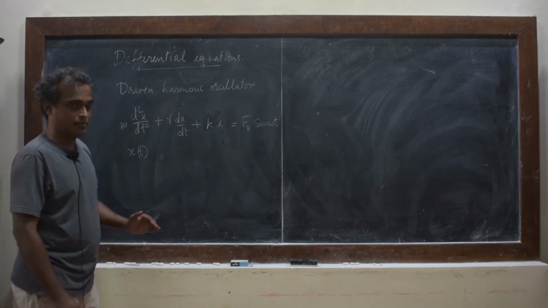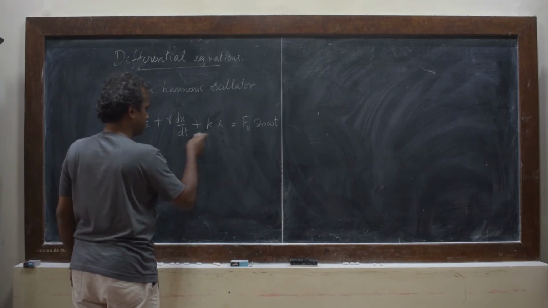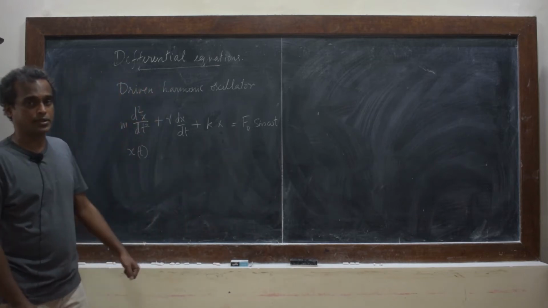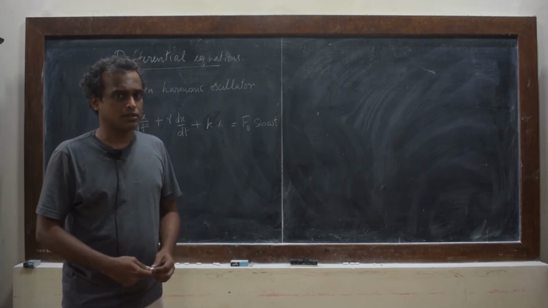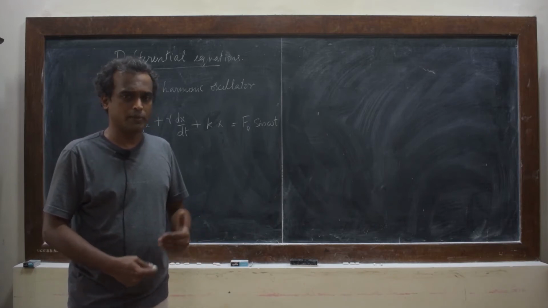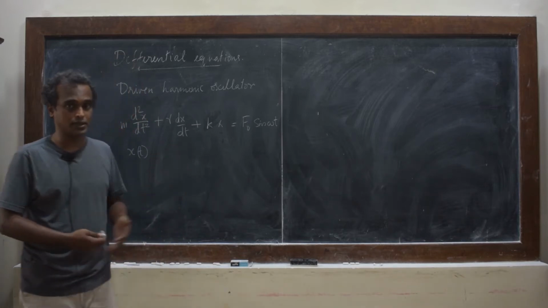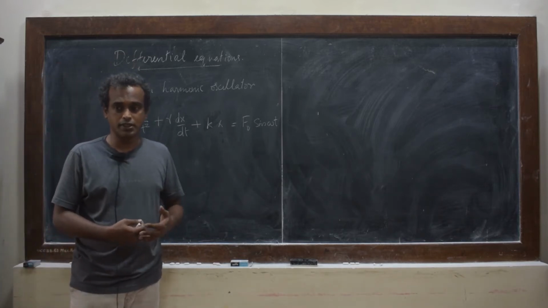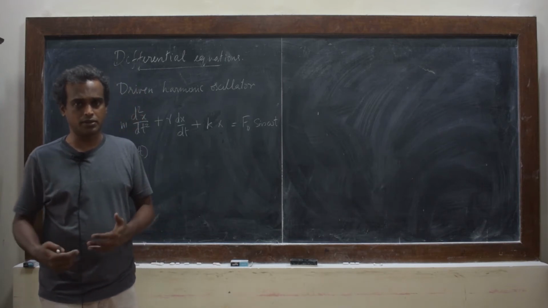Such a mathematical statement is an example of what we call a differential equation. In physics, most information about the dynamics of physical systems is stated in terms of such differential equations, which after all give us the rates of change, be it first order or second order or third order.